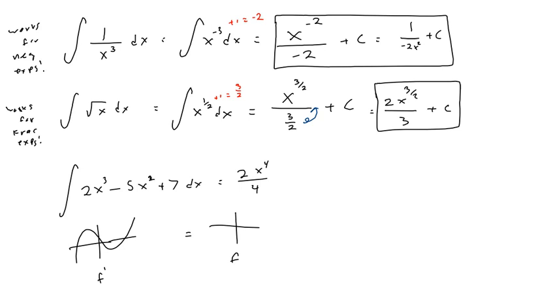Minus 5x, this is going to be to the power of 3 over 3. Plus, what's this last one going to be, everybody? What's the integral of 7? What am I going to put here? These ones I had the exponent, right?